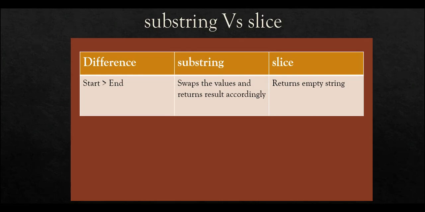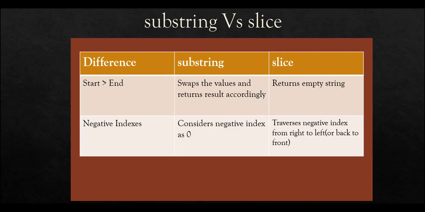When first argument is greater than the second argument, that is start index is greater than the end index, in this case substring will swap or interchange these values and then return the result, while slice will return an empty string. Slice will access the character at negative index from backwards and then return the string as per the other argument value, just like we saw previously, while substring will treat negative argument as 0.